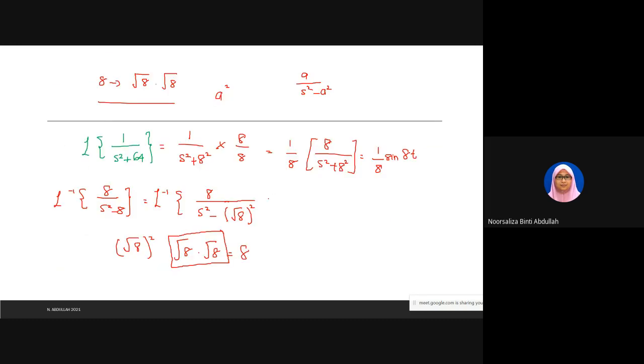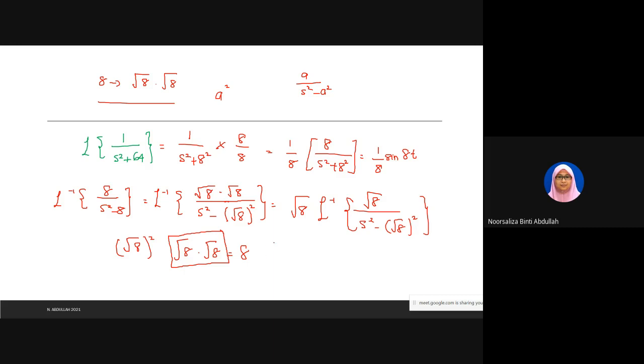Okay. Then it's actually square root 8 inverse square root 8 over s square minus square root 8 square. Okay.